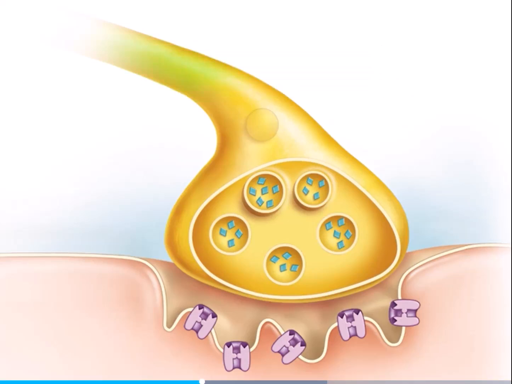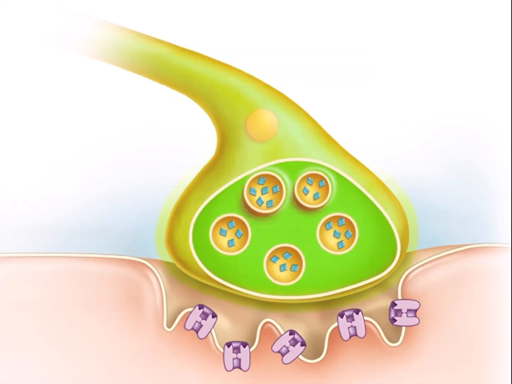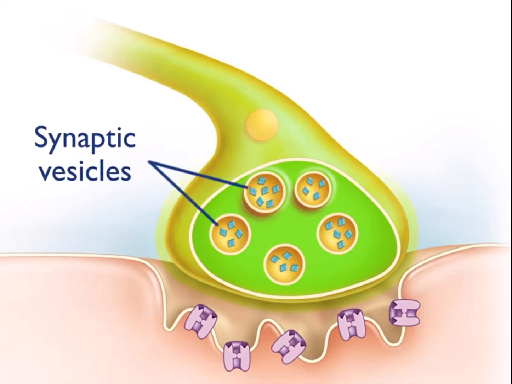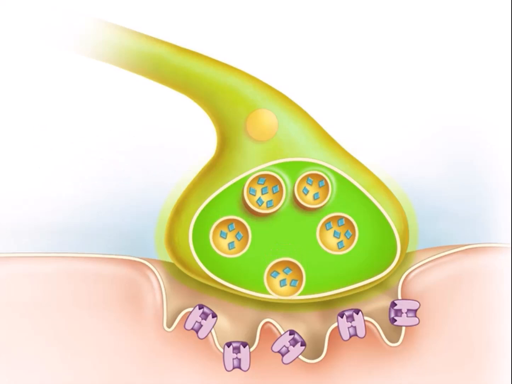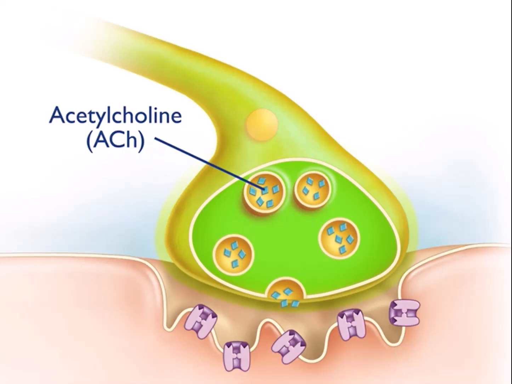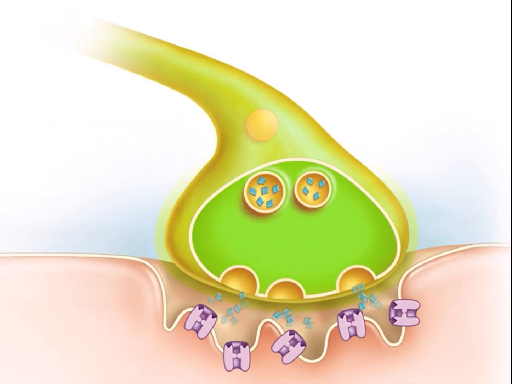First, an action potential, or electrical stimulus, arrives at the axon terminal. The action potential then stimulates the synaptic vesicles to release a chemical called acetylcholine into the synaptic cleft. Acetylcholine is a chemical known as a neurotransmitter because it transmits the stimulation across the synapse. During the third step of excitation, acetylcholine quickly diffuses across the cleft and binds to its receptors on the motor end plate.